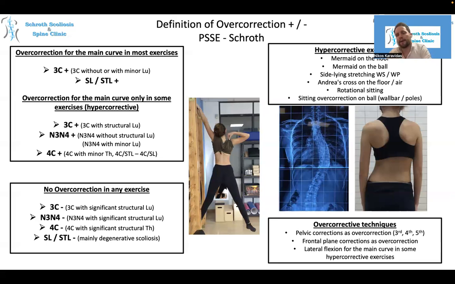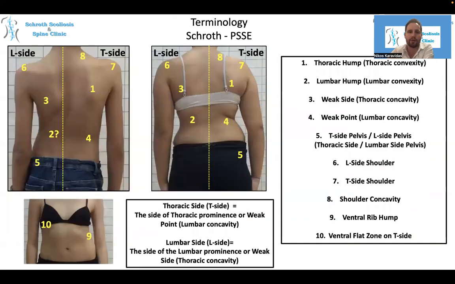And the curve type that I explained before, SL or STL minus, when we speak mainly about degenerative scoliosis. So this is a brief explanation to understand better about the overcorrection and the decision of plus or minus signs.